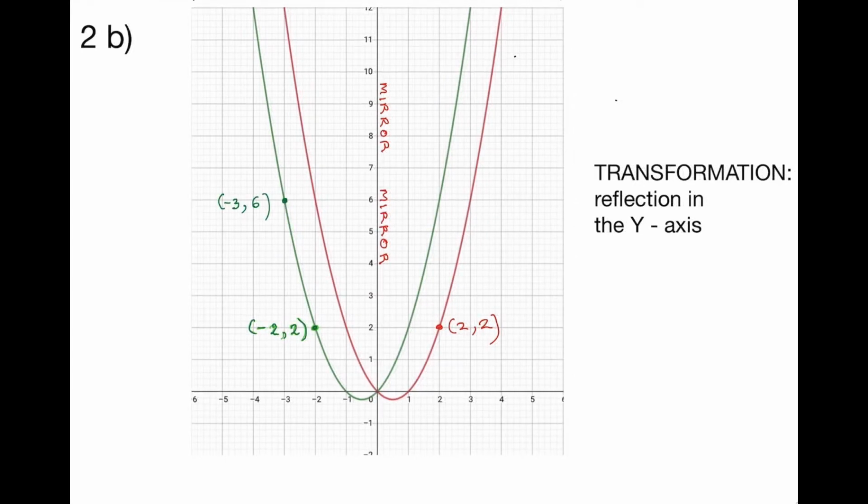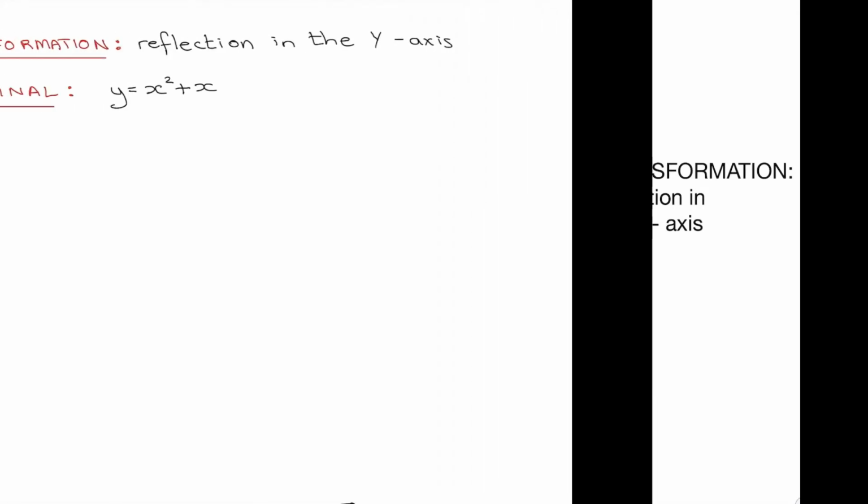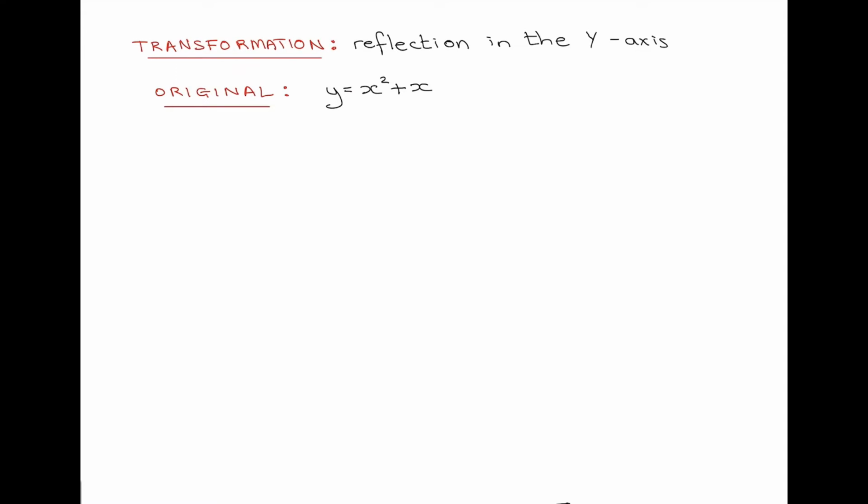And negative 3, 6 on the original curve becomes 3, 6. And 1, 2 on the original curve becomes negative 1, 2. And so on. As reflection in the y-axis affects the x values only, starting with a version of the original function where x is the subject would be best.